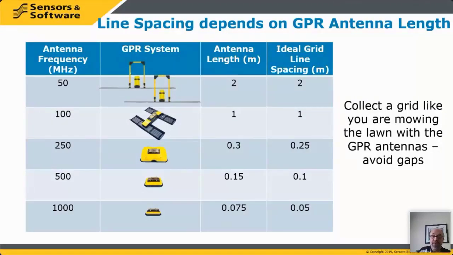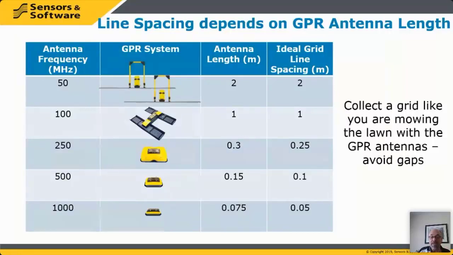At 250 megahertz, which is our workhorse frequency for utility locating, the antennas are actually 0.3 meters long, about 1 foot. So if I'm working in metric, I'm going to round that down to make the math easier. I'm going to do a line every 25 centimeters. If I'm working in feet, I'm going to do a line every foot. And that way, I'm covering the whole area.